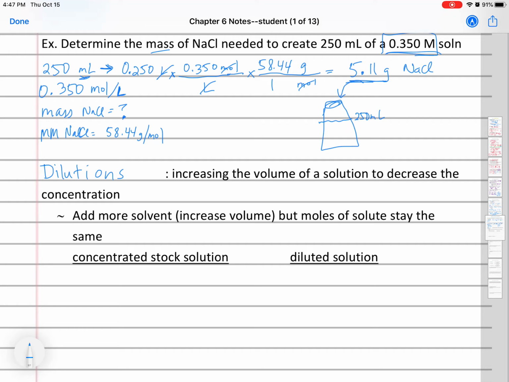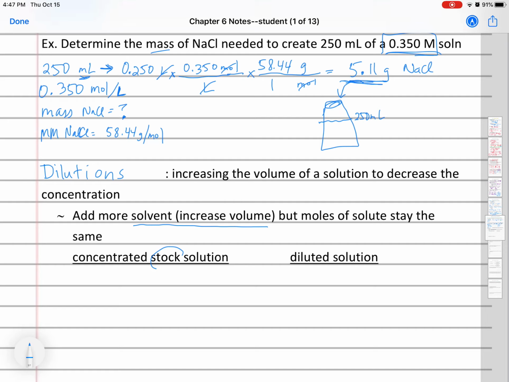Rather than having to make a bunch of different solutions by measuring out different masses of sodium chloride, you might make a master stock solution, what we call a concentrated stock solution, and then you can dilute it and make different lighter concentrations.